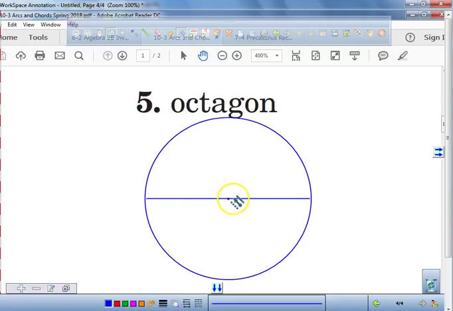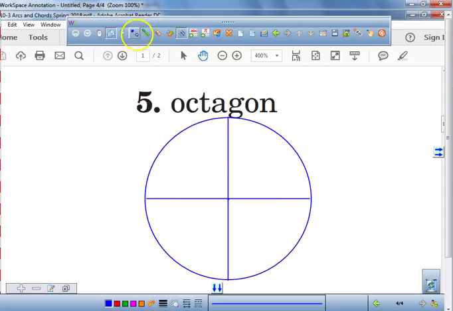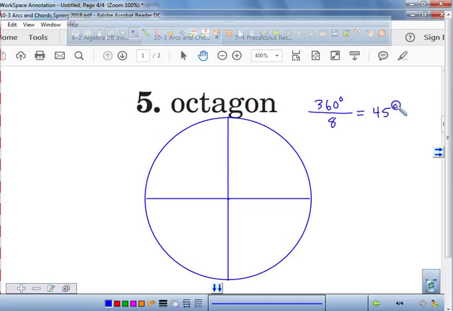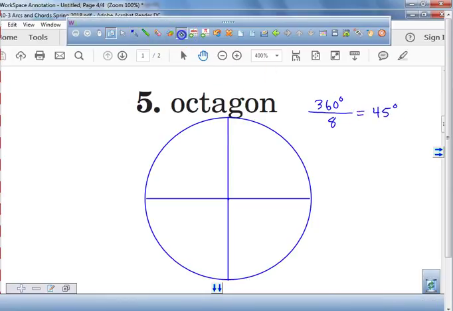I made a diameter. I made another diameter at a 90-degree angle. So what do we have? 90, 90, 90, 90. Now, an octagon has how many sides? 8. So 360 degrees divided by 8 gives you how many degrees? 45.